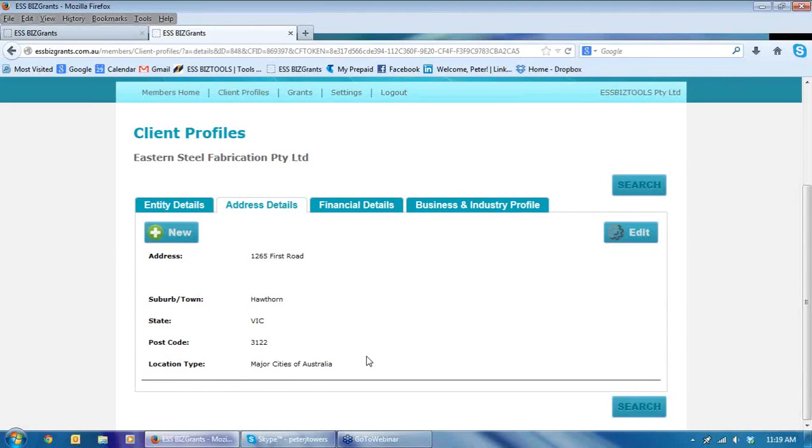One thing I should mention to you, we are currently working on version 2 of ESS BIZGrants, and there's going to be some changes. That wording on financial vulnerability is going to be made a little bit clearer, so everyone clearly understands it's more from a government's point of view. The location types are being changed because there's been some changes in how various government departments are handling those.